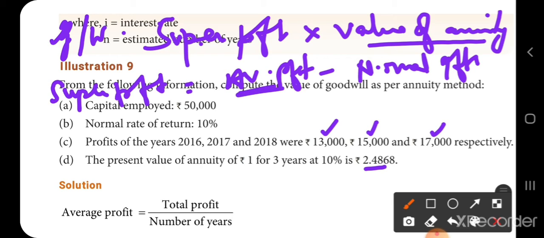You will get the average profit. Next, to calculate the normal profit, the formula is capital employed into normal rate of return, that is 50,000 into 10 by 100. You will get the normal profit.